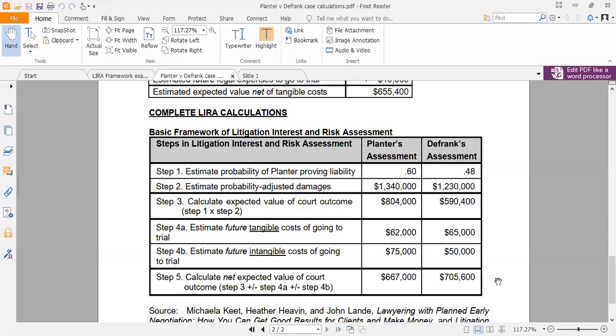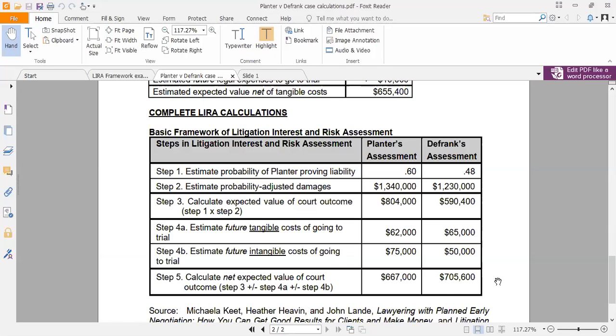And it's really important to remember that each side tends to have cognitive and motivational biases that tend to make them overly confident. And this is one reason why a large number of cases go to trial where one side or the other gets a result at trial worse than the other side's offer. So what you really want to do is make sure you're not being overly optimistic, so that you do not get a bad result.